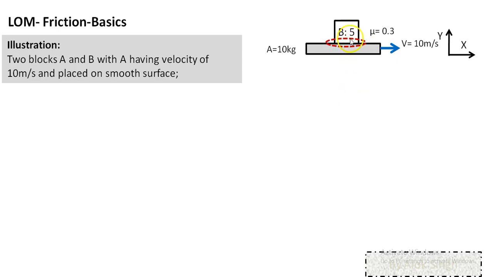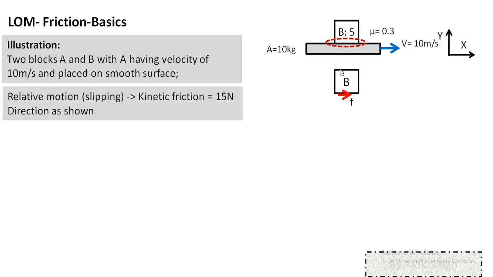Again, the two surfaces in contact have unequal velocity. Hence, relative motion or slipping is taking place. Since slipping is taking place, friction will be in a kinetic state, so the friction force acting will be kinetic friction, which is equal to mu times normal reaction. The normal reaction can very easily be found: it is equal to 50 Newton.